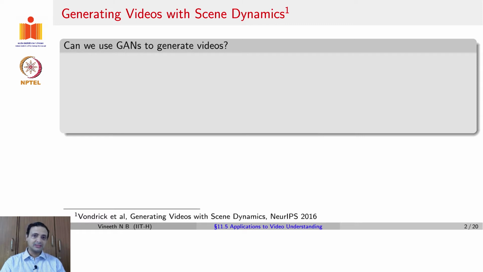We already answered the question partly in the previous lecture when we talked about using GANs for 3D object generation. In a sense, videos are volumes too.